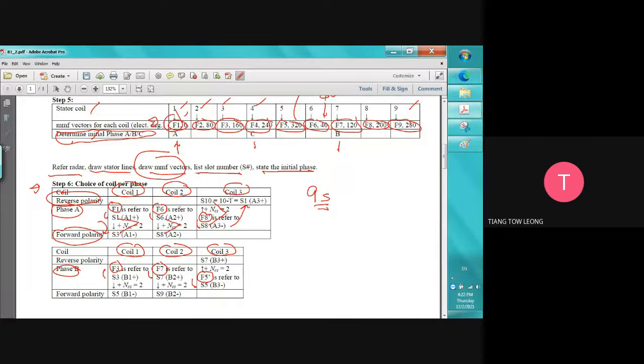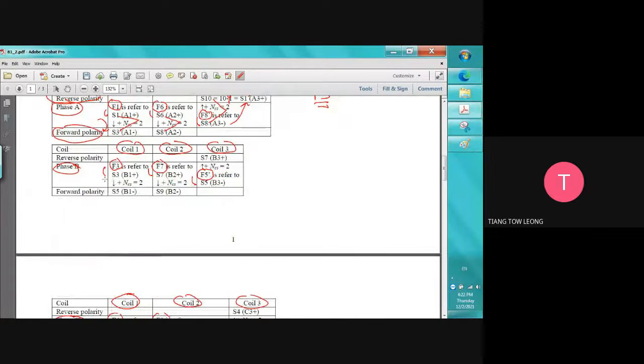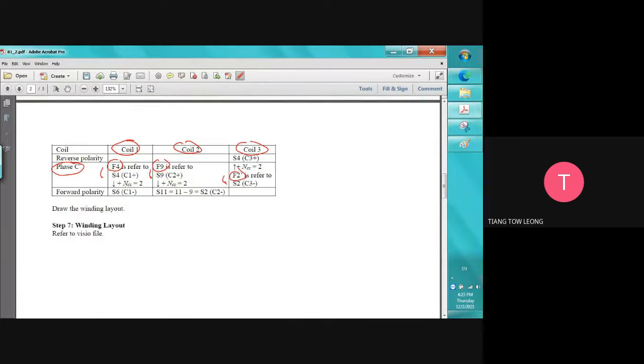So 10 minus 9 become 1. Okay, next. 3 plus 2, 5. 7 plus 2, 9. Then 5 plus 2 become 7. Okay. 4 plus 2, 6. 9 plus 2, 11. Minus total slot of 9, we have 2. Then 2 plus 2 become 4.